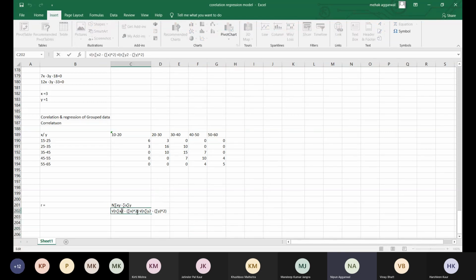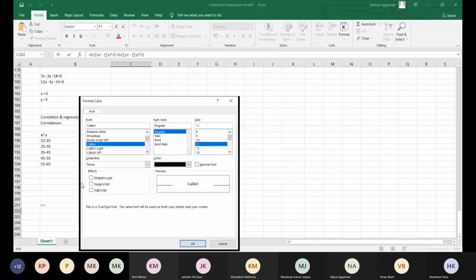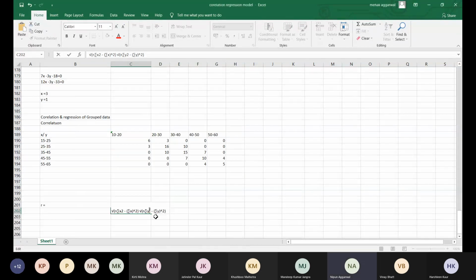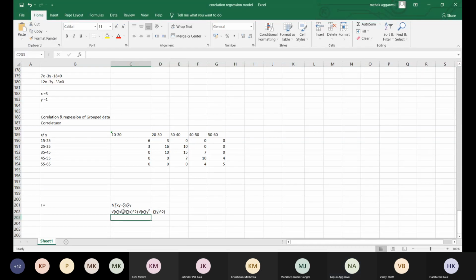This is the formula for non-grouped data. Fine. So this becomes the formula for this.